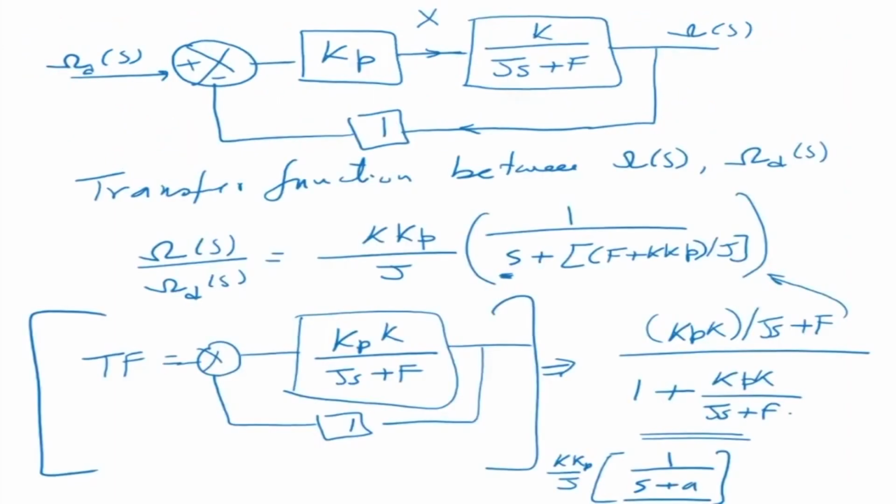So what is my input? This one is equal to a step, 1 by s. So omega s is equal to omega ds into the transfer function that we got, and omega ds is equal to 1 by s, so it goes to that side. What we get is the response of the system for a step input.